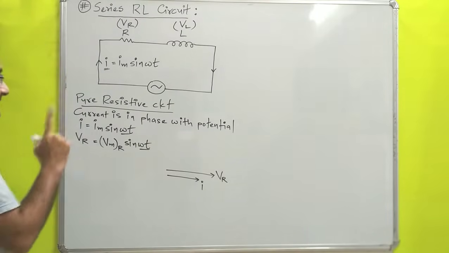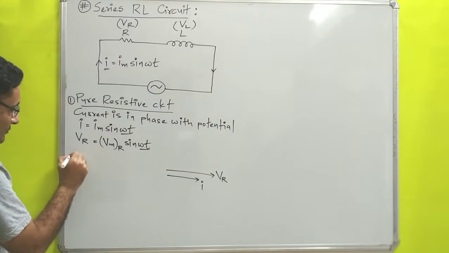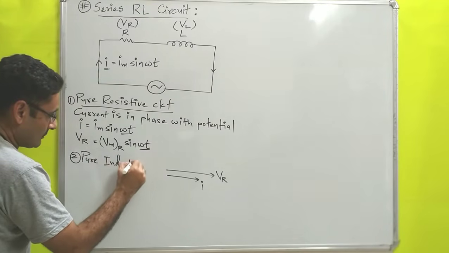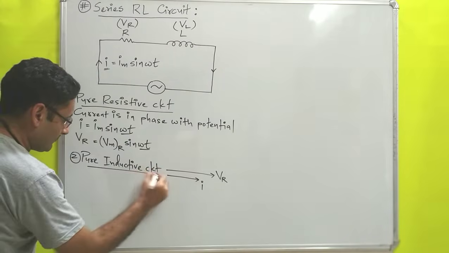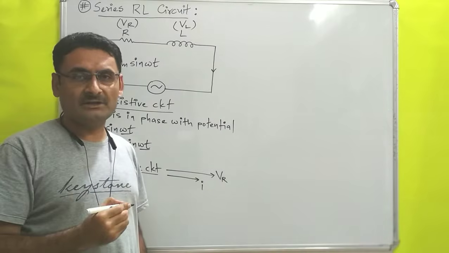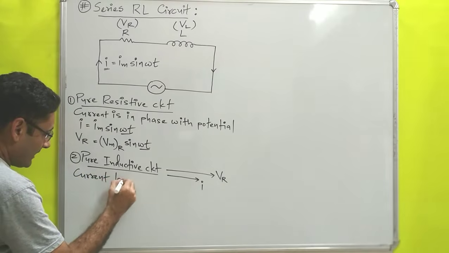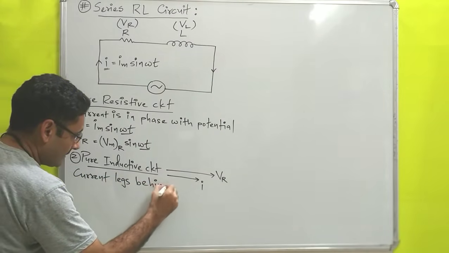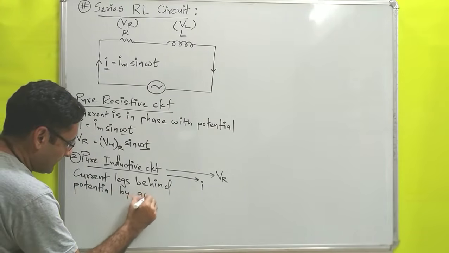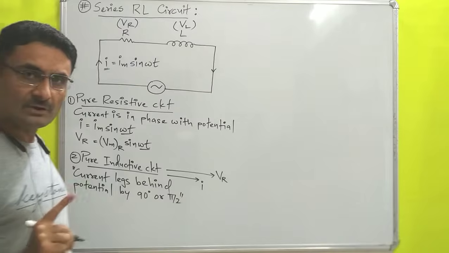Another thing we also know is for pure inductive circuits. Over here I will make point number 2, pure inductive circuit. We know that in the case of a pure inductive circuit, current lags behind the potential by 90 degrees, or pi by 2. So I will write: current lags behind potential, or voltage, by 90 degrees, or pi by 2, in the case of a pure inductive circuit.